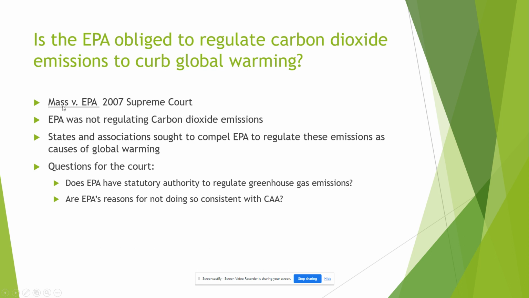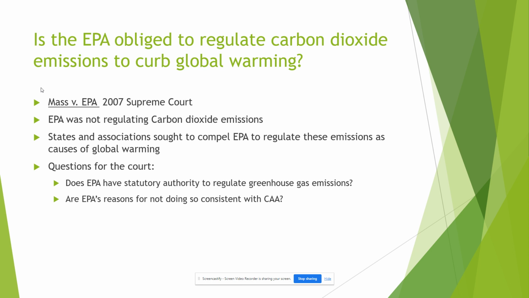So we've talked about this case before in our global climate change week. But in 2007, the Supreme Court in Massachusetts versus EPA worked on this. The EPA under the Clean Air Act was dealing with those six criteria pollutants, and they were not regulating greenhouse gases.